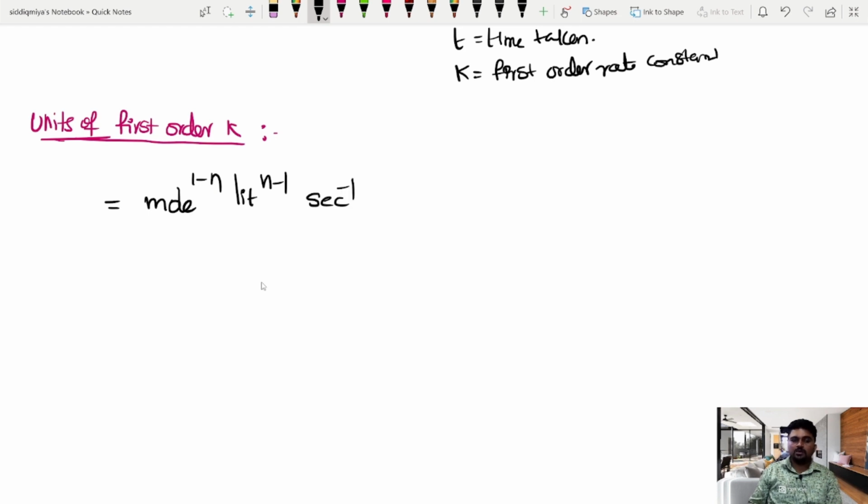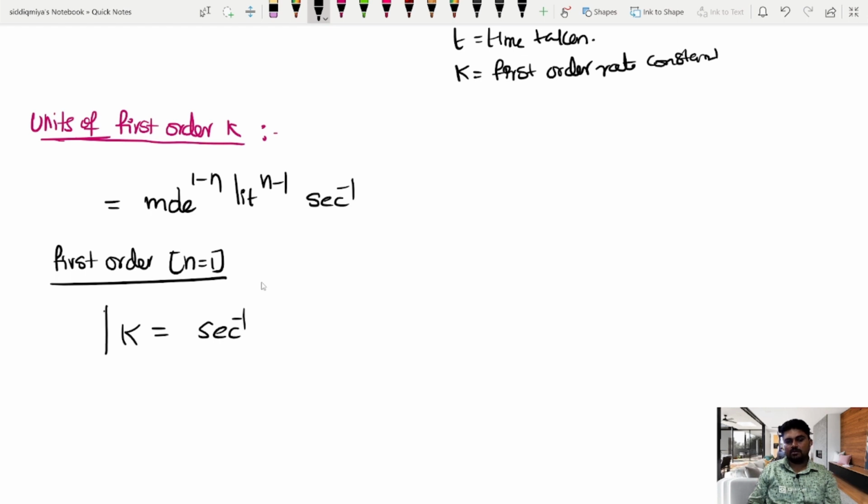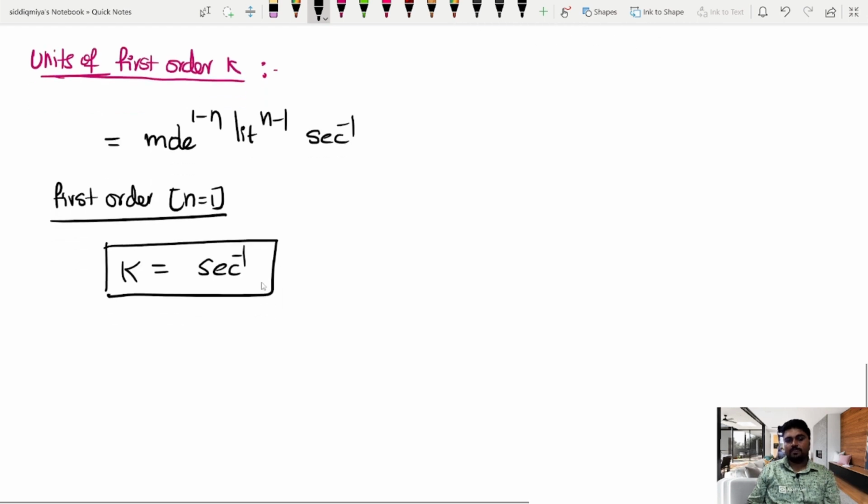Here we are writing first order, so n is equal to 1 you have to substitute. So mole power 1 minus 1 is 0, something power 0 is 1, liter power 1 minus 1 is 0, so that is also 1. So the units are second inverse. The units of first order k are second inverse.